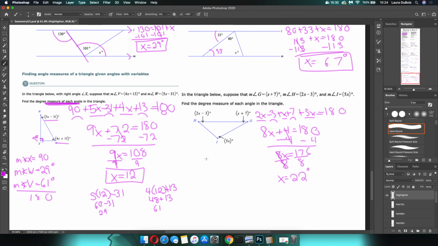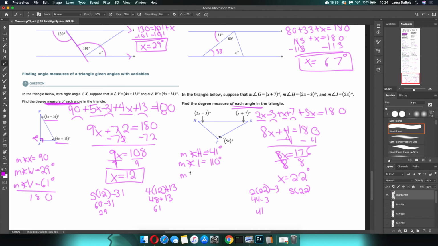And again, we're finding the measure of each angle in the triangle. So the measure of angle H is 2 times 22 minus 3, so 44 minus 3, which is 41 degrees. Next is the measure of angle I, which is just 5 times 22, which is going to be 110 degrees.